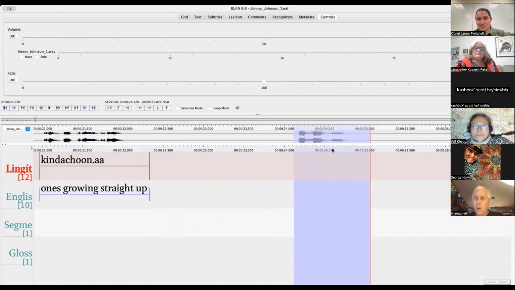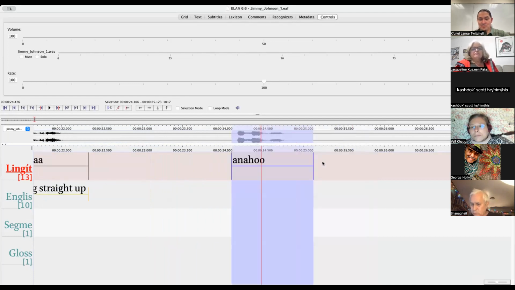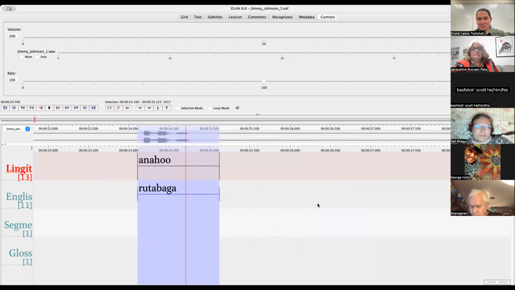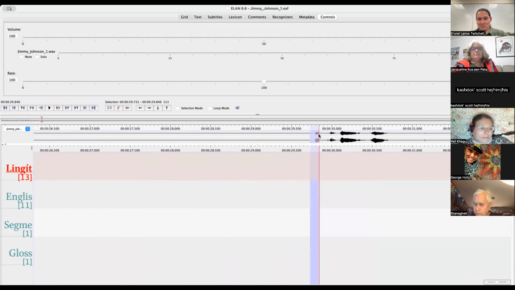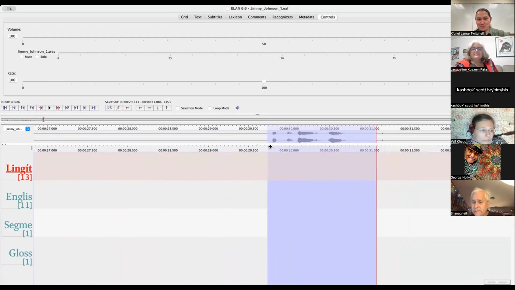alaḳú, alaḳú, Anahu. Anahu. Rutabaga. How do you spell this thing? Or parsnip. ʻatqishi, ʻatqishi.